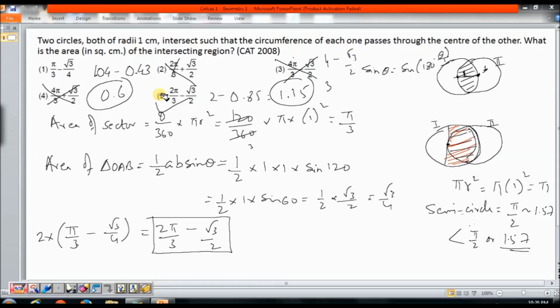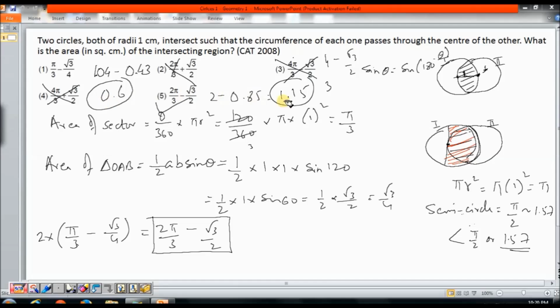But if you are left with two choices, I think it's okay to take a chance. Okay. So in between these two, even if I could not find out anything, I would have taken a chance. And I could have applied a more logical approach by checking the values.